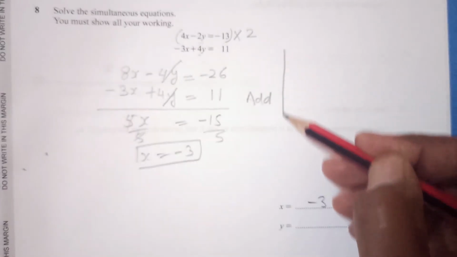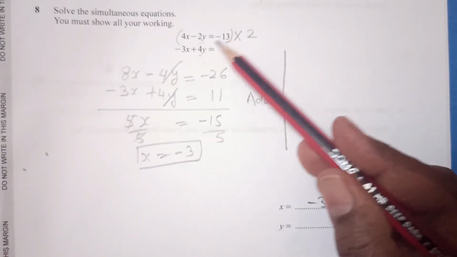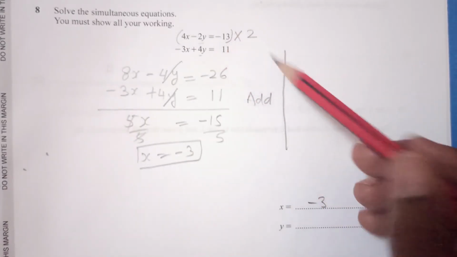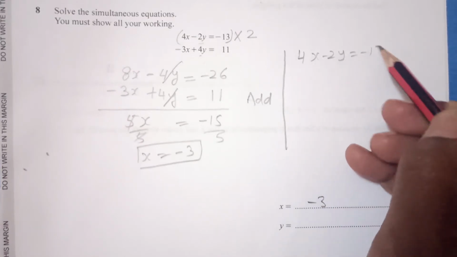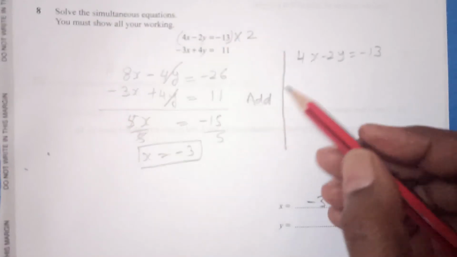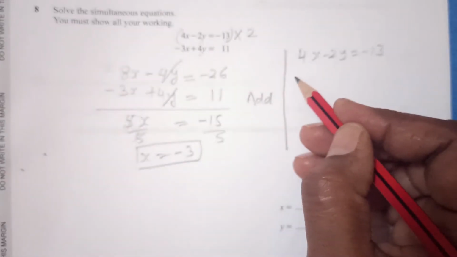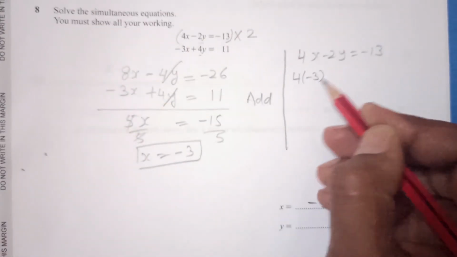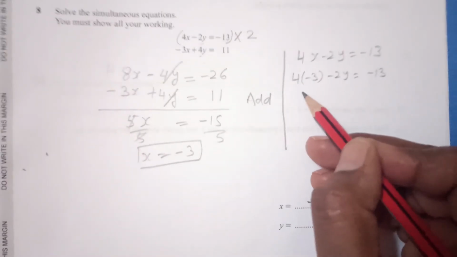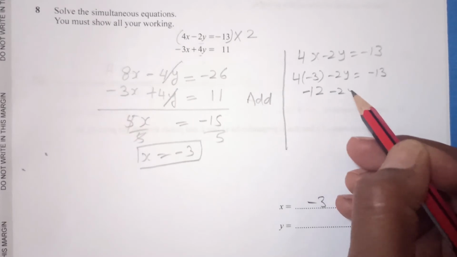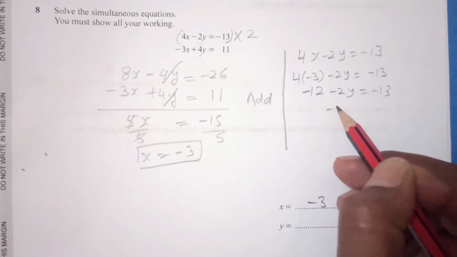Now let's find out y. To find y, you can take any of these equations. I'm taking the first one, which is 4x minus 2y equals negative 13. Now replace the value of x with negative 3. 4 times negative 3 is negative 12, minus 2y equals negative 13.